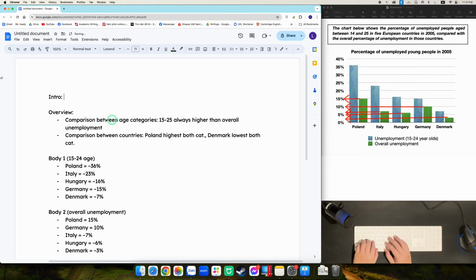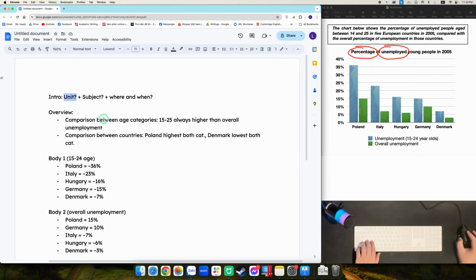For the introduction, just list out these details and you're done. The first thing is the units of the graph, then the subjects that it shows, followed by locations and the time. The unit here is the percentage of unemployment. The question says the chart, so I'm going to paraphrase into bar graph.